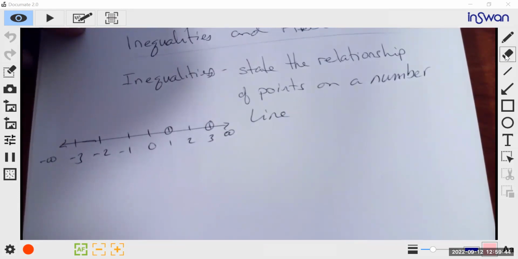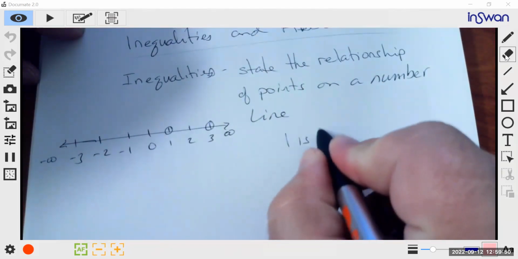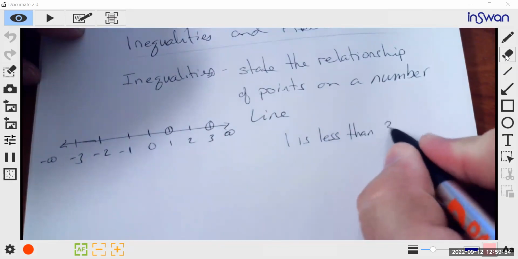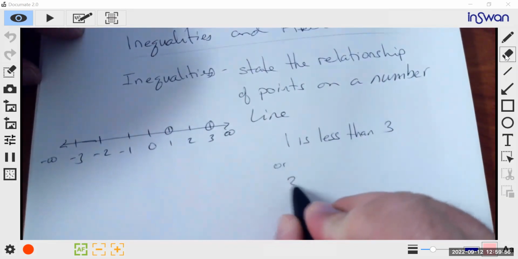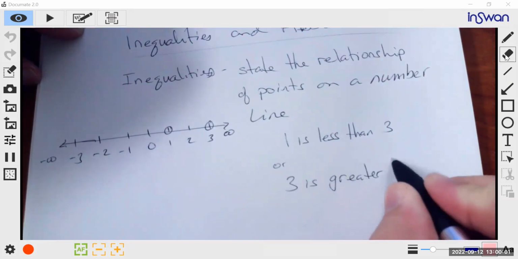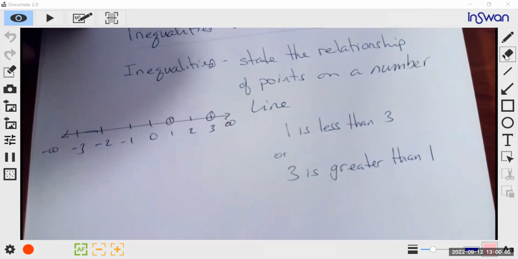How about the size of them? 3 is greater than 1. We know that 1 is less than 3, or 3 is greater than 1. Both of those are true statements.